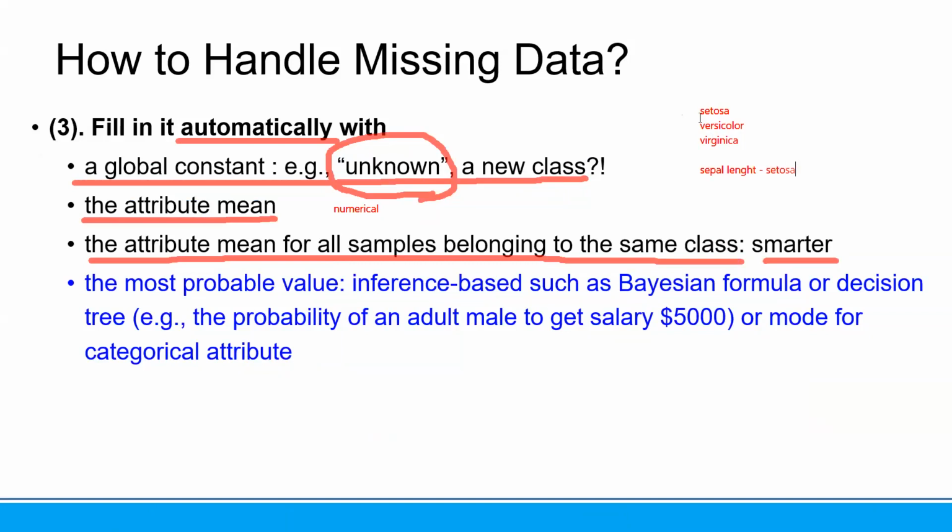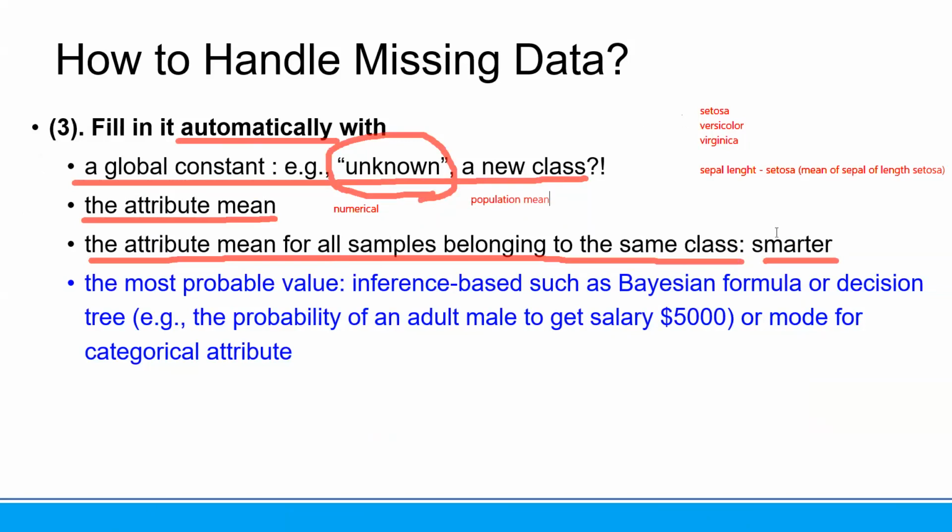Then I will check only the mean of the sepal length of the setosa, and then I will put the mean of the sepal length of the setosa in that missing value. So it will be more precise. It will be more accurate rather than using the population mean. So we can say that the attribute mean is the population mean.